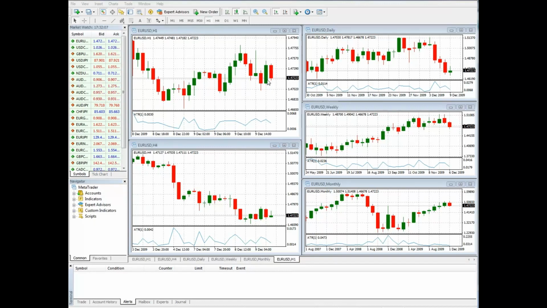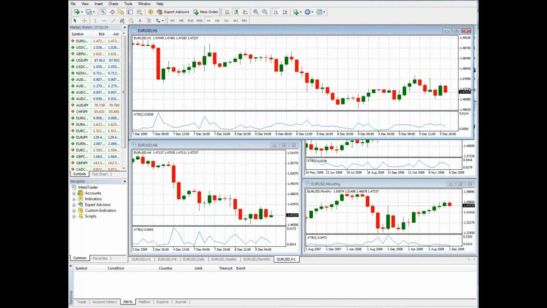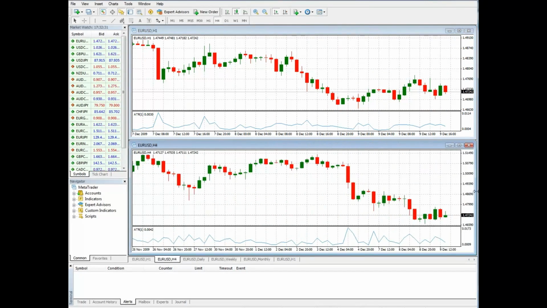And up here, sideways actually. So what I want you to do is let's stretch this out this way. Okay, and also go down here and grab this one, and let's grab that chart and stretch it out this way.